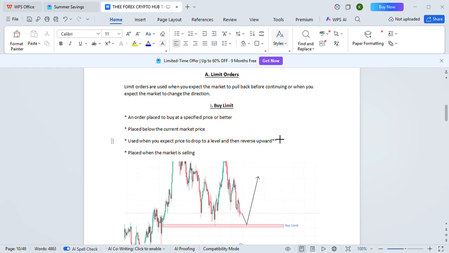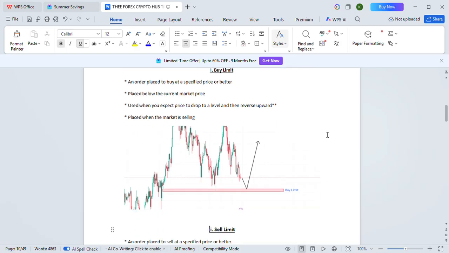Hello, are you getting it? Are we together on that? So having shown you those two, they have explained everything here. These are buy limit orders: an order placed to buy at a specific price or better, placed below the current market price, right?